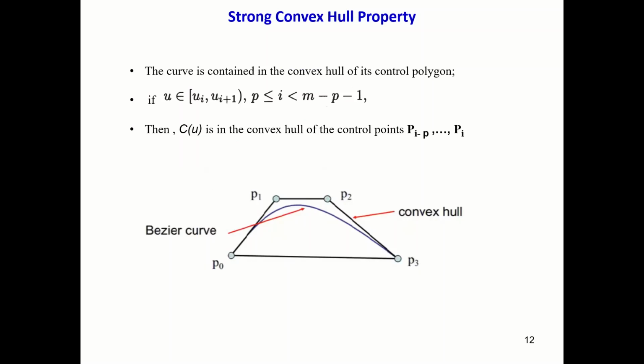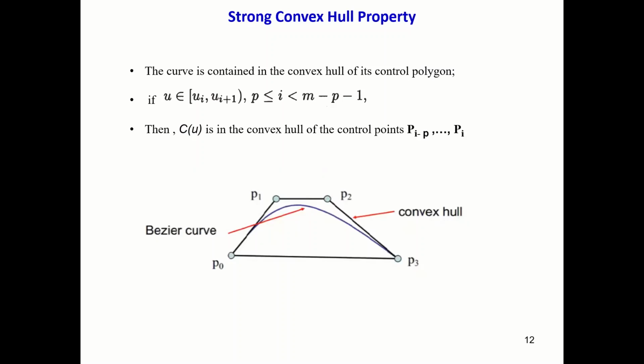Strong convex hull property. The curve is contained in the convex hull of its control polygon. If u is in the knot span u_i and u_i plus 1, where i is between p and m minus p minus 1, then C of u is in the convex hull of the control points P_i minus p, and so on till P_i.